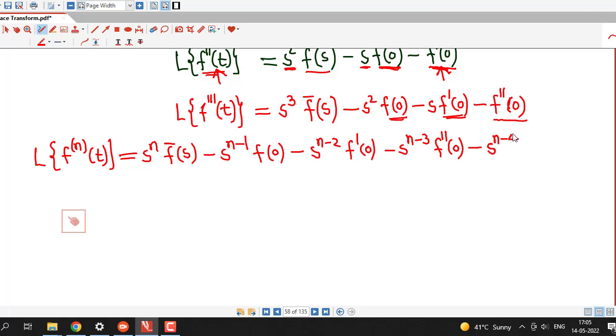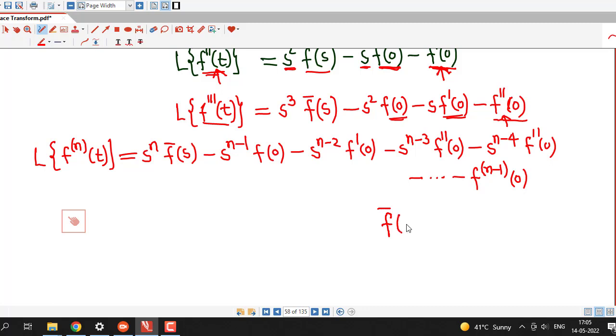We can write one more step, s raised to n minus 4, the third derivative at 0, and this will continue. If we have the third derivative, the last term is the second derivative at 0. If we have the nth derivative, the last term is the (n minus 1)th derivative at t equal to 0.